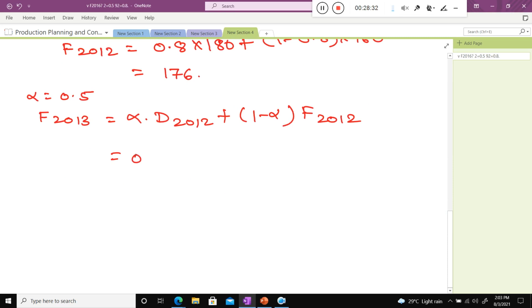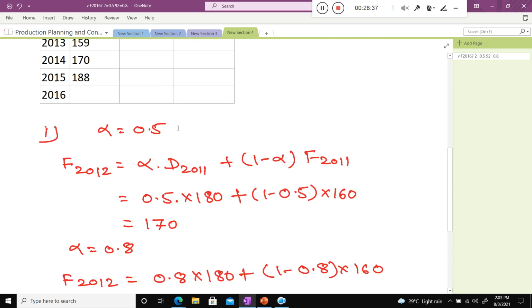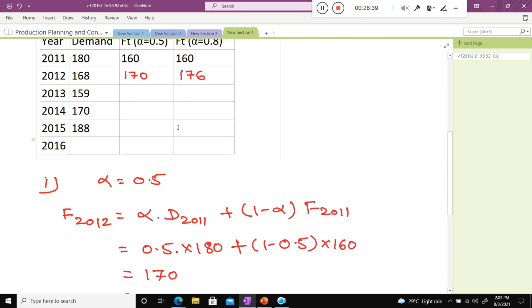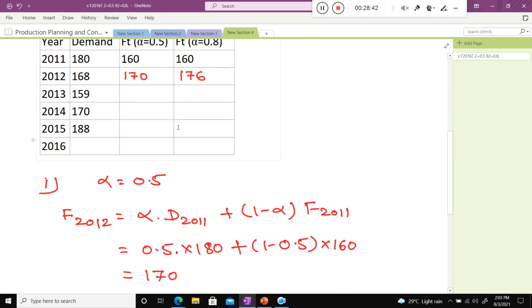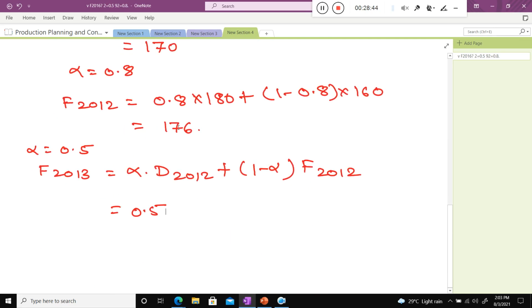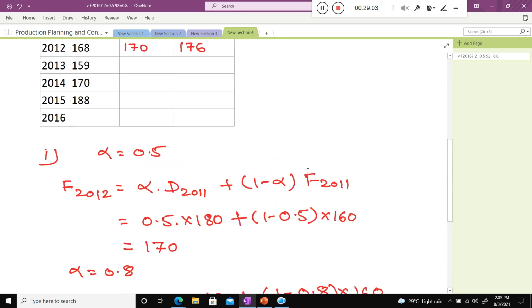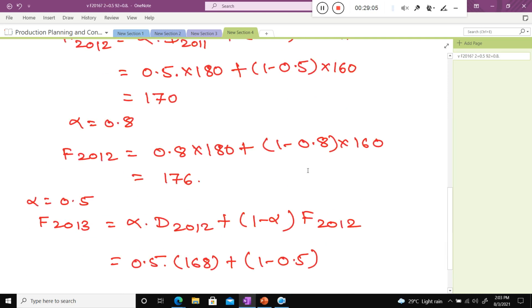So class, here 0.5, what is the demand in 2012? That is the 168. Okay, so I just put here 168 plus 1 minus alpha, and what is the forecasting of 2012 if I discuss like that.